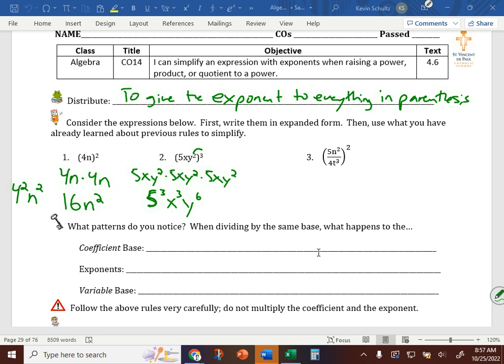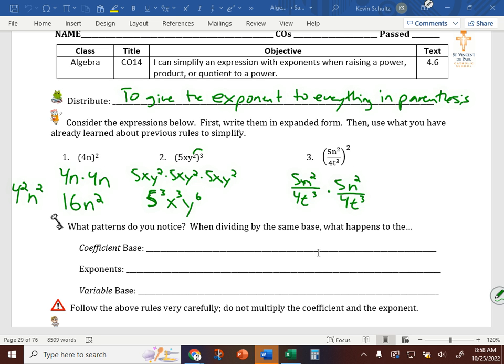We have a fraction. A lot going on here. What's the base of that outside power of 2? Nathan? Everything in parentheses again, right? That whole fraction is being squared. So we have 5n squared over 4t cubed times another 5n squared over 4t cubed.